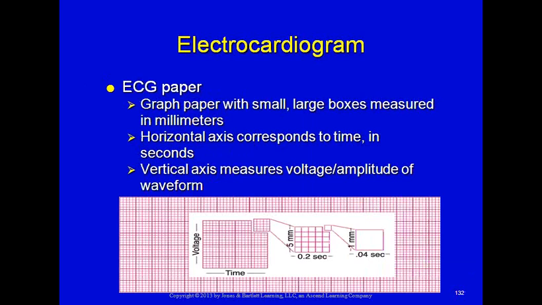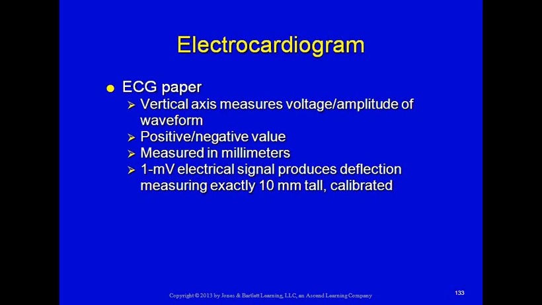Going from bottom to top, 1 small square is equal to 1 millimeter or 1 millivolt. So 5 small squares, which make up 1 big square, would equal a 5 millimeter increase in voltage.